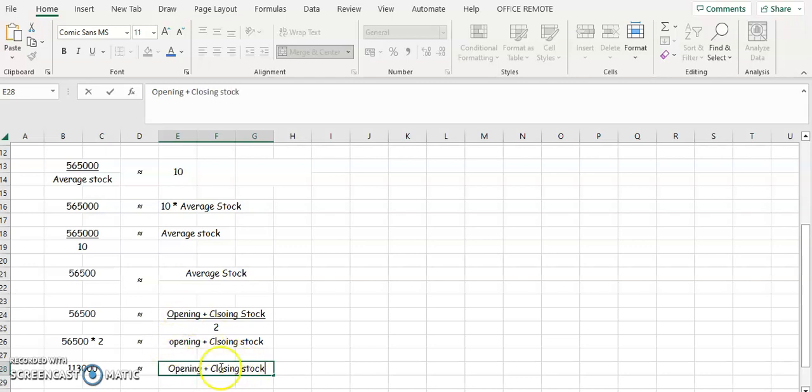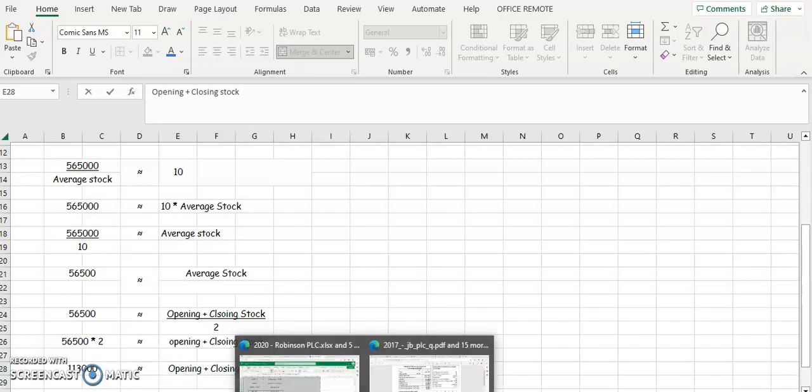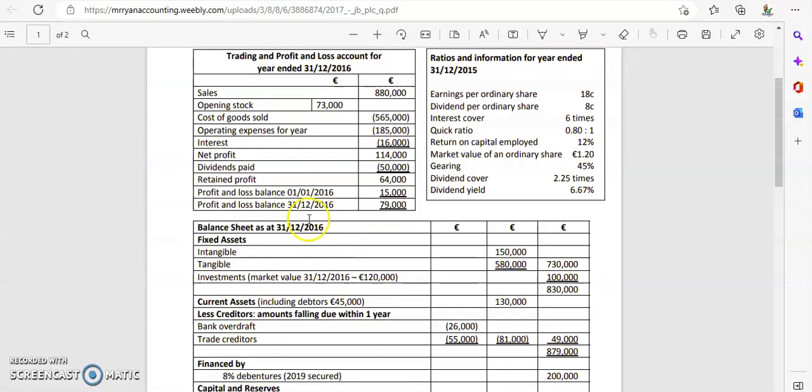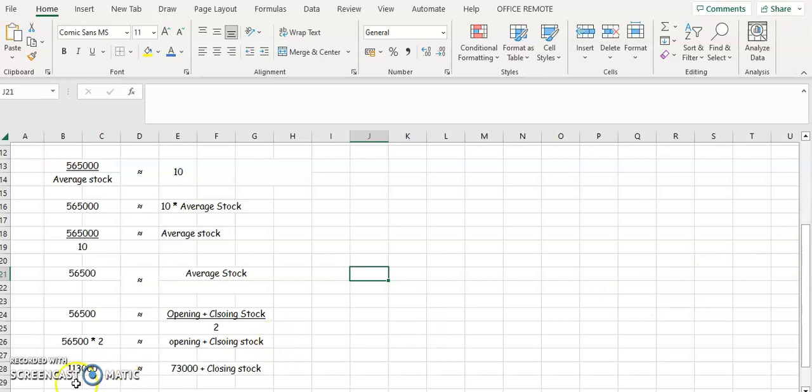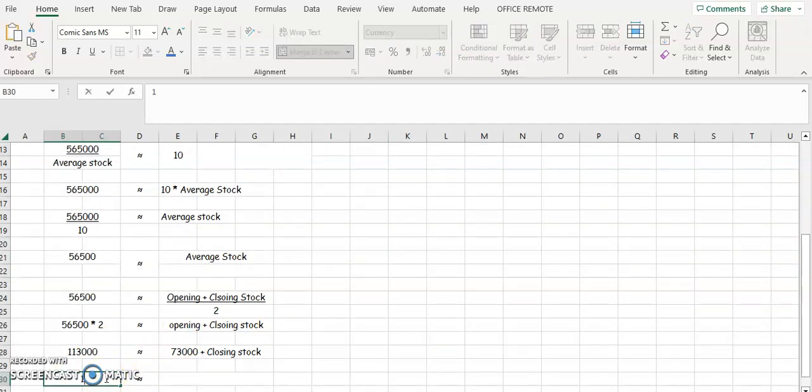So we can go back to the question now and find what our opening stock is. So we go back to the question. Up here it tells us opening stock is 73,000. So we can substitute this opening stock here for 73,000. And now we can find what our closing stock is by bringing the 73,000 over the equals, and it becomes a minus.